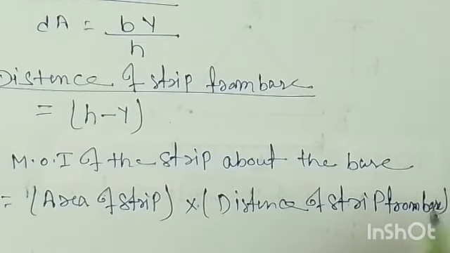So we can write down that equation for the moment of inertia of the whole triangle about the base BC. Your equation will be I_BC is equal to b by h as it is, bracket starts, and this will become h to the power 4 by 2, right, plus h to the power 4 by 4 minus 2h to the power 4 by 3, right?